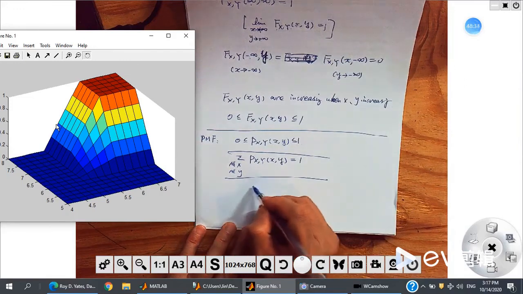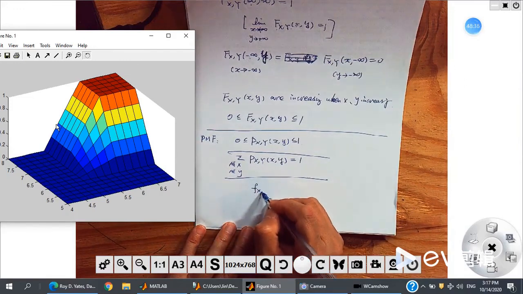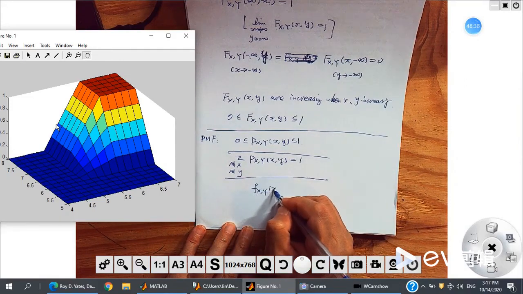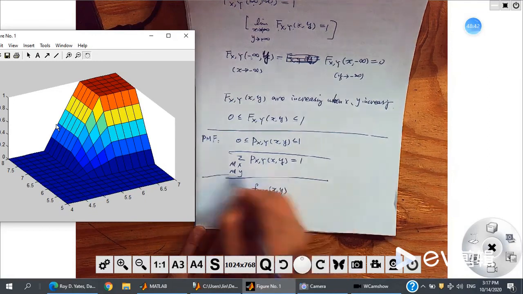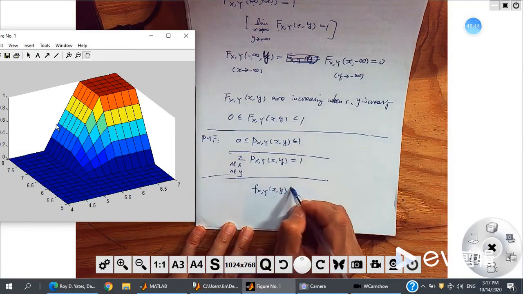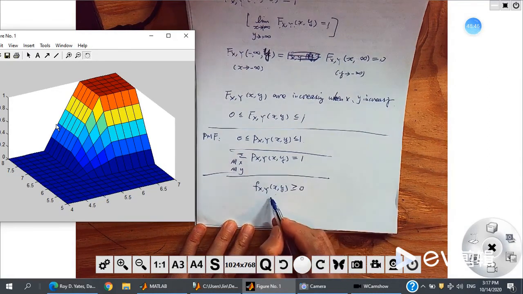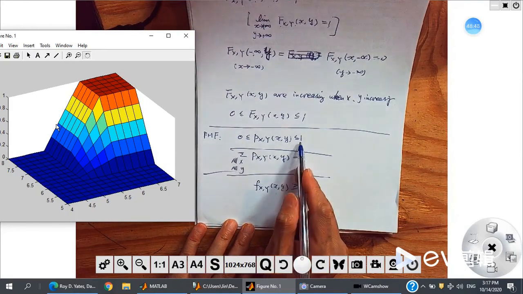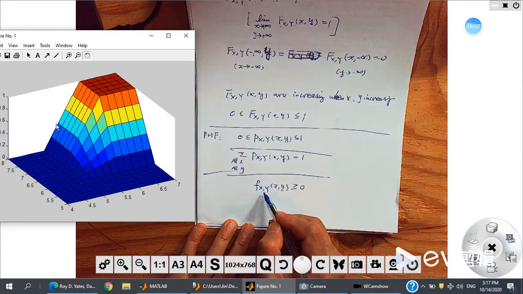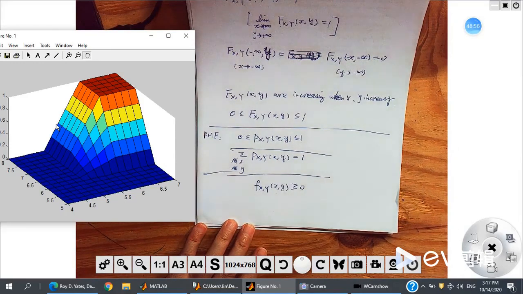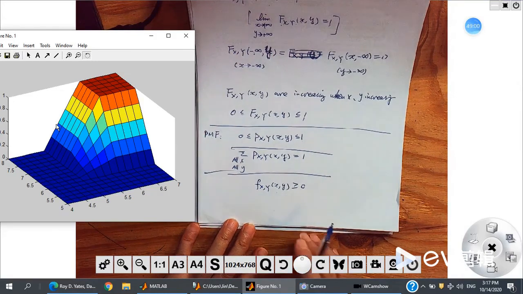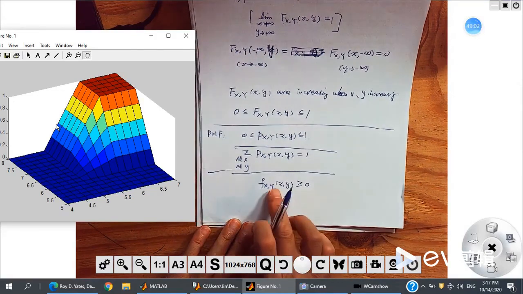Then for the density function f_XY, we have something similar. It is larger than or equal to 0, but we don't know whether it is smaller than 1. The density may be larger than 1. The probability is obtained by taking the integral of the density. The integral will not exceed 1, but the density itself may be larger than 1.